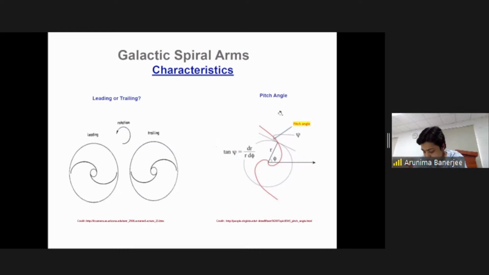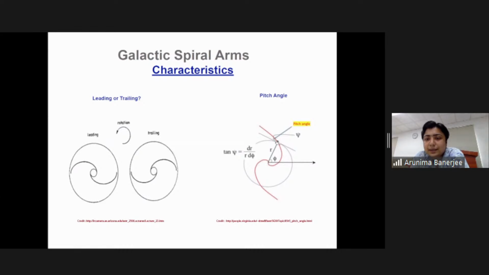The other important aspect is the pitch angle. So what is the pitch angle? The pitch angle is a metric to understand how tightly wound or how loosely wound a spiral arm is. Suppose at any radius r, you want to find the pitch angle of the spiral arm.